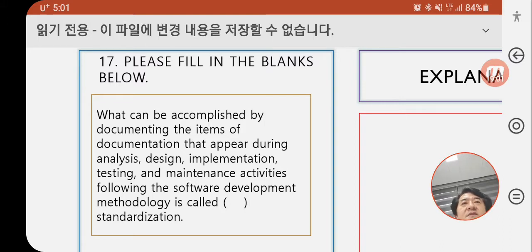What is this? This is a documentation item.